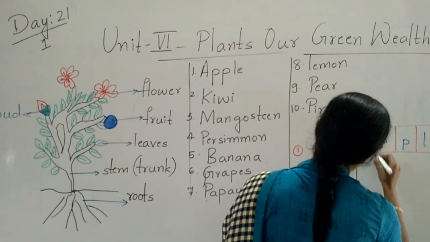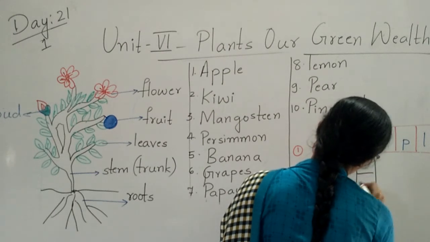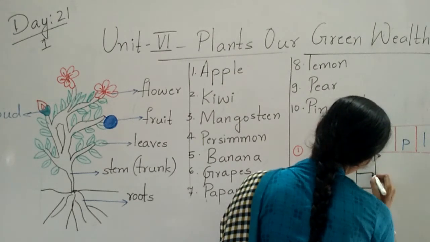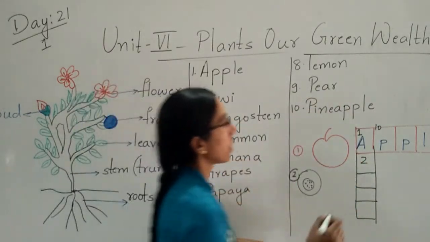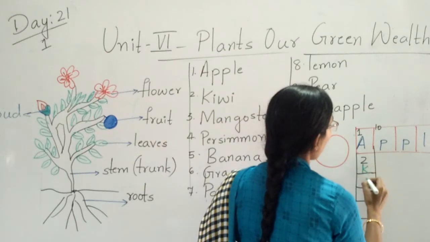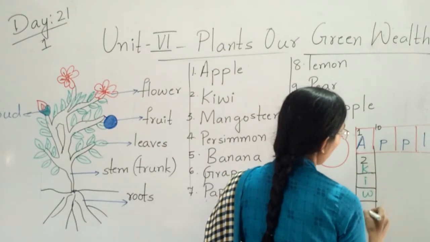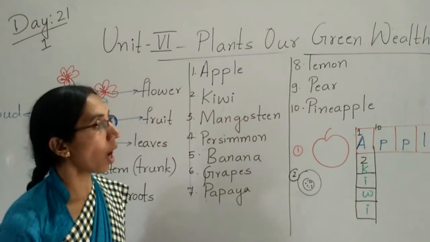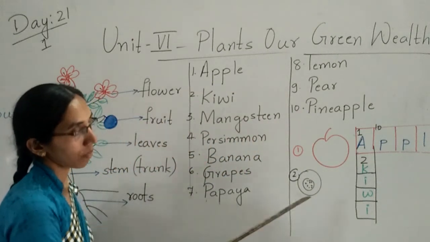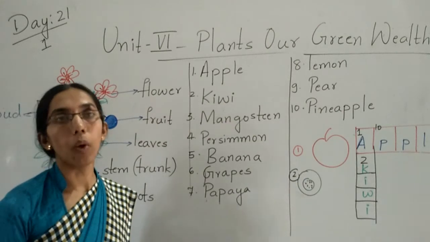You know? So this is kiwi. Second number, what is second number? It's a kiwi. K-I-W-I. So this is the example I have shown of how to do all these things in the worksheet.